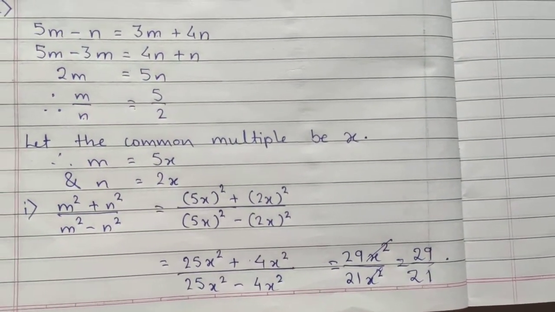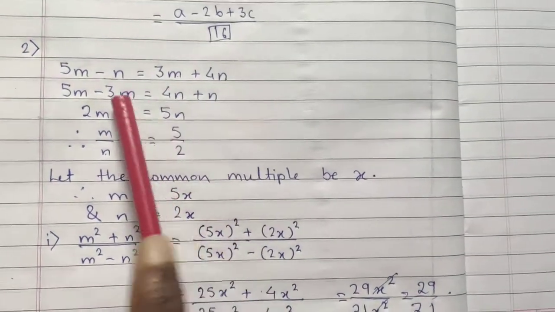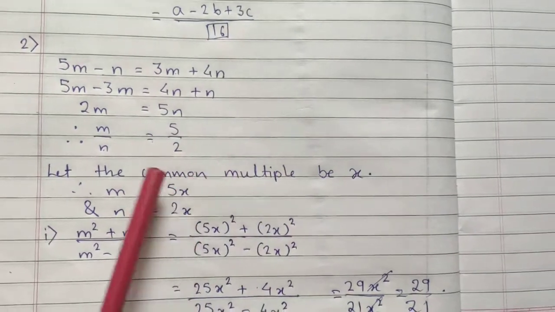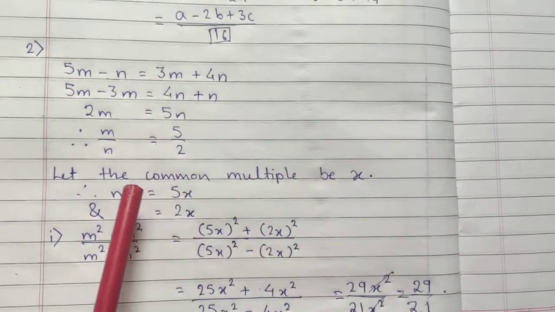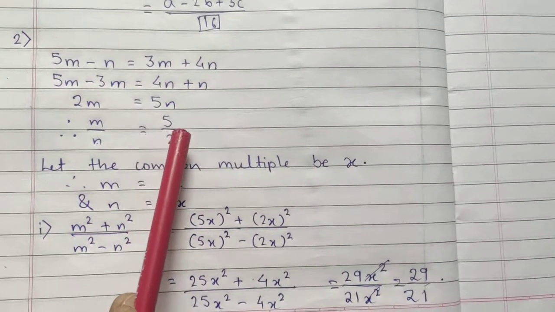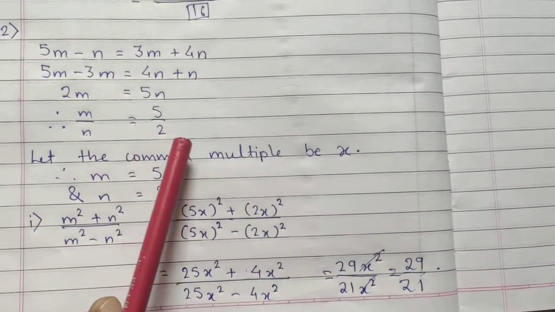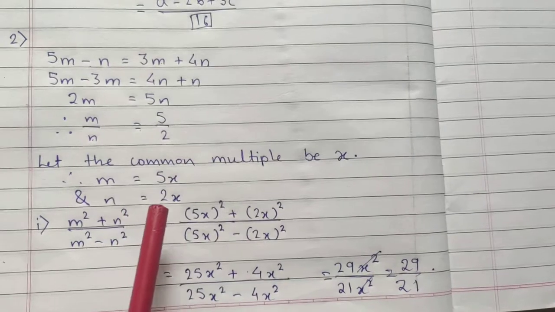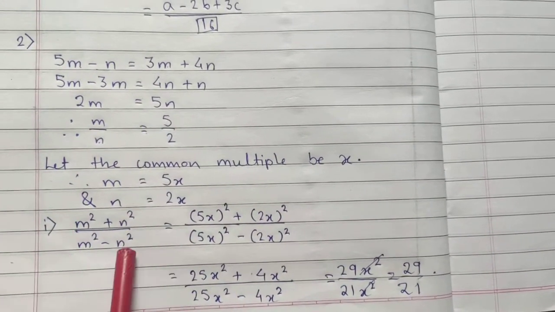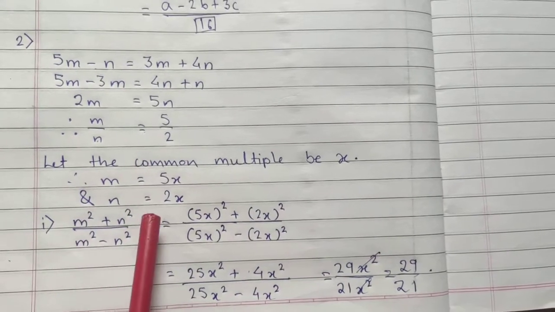Understood now how we did? First we simplified this to get the value of m upon n, and after getting m upon n we took a common multiple x. Then we got m is equal to 5x, n is equal to 2x. After that we took the first part and substituted the values of m and n.